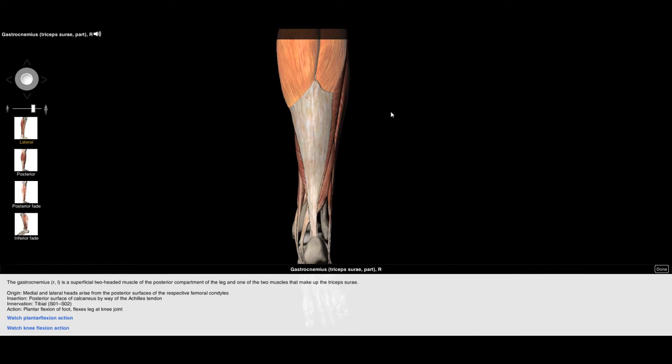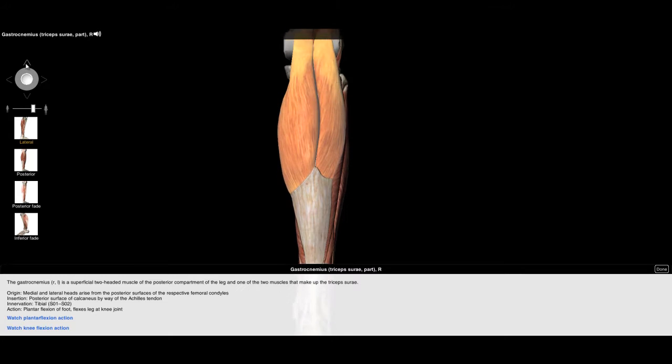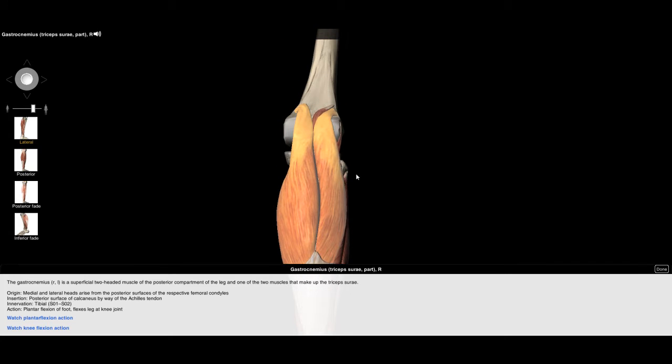The gastroc is innervated by the tibial nerve. And again, it is responsible for plantar flexion at the ankle and knee flexion at the knee. But let's look at something, and this is to store in your brains for a couple of modules from now.